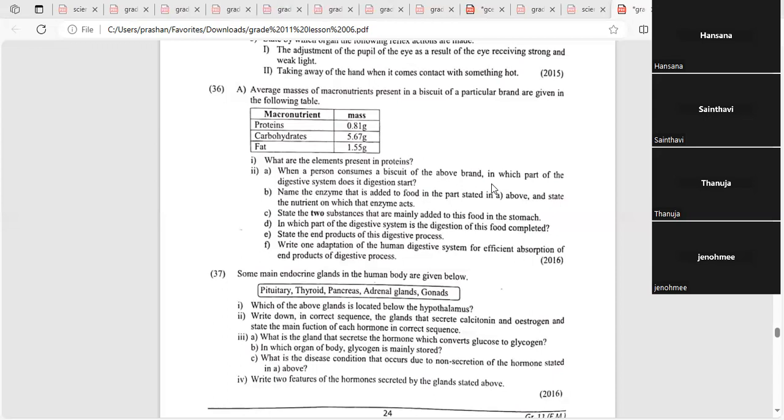It contains protein. Therefore, in the stomach, protein digestion starts by pepsin, and there is also HCl in the stomach. So dilute HCl and pepsin are added to this food. That is the correct answer.